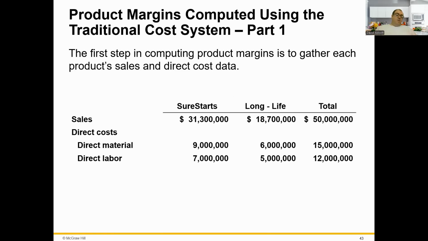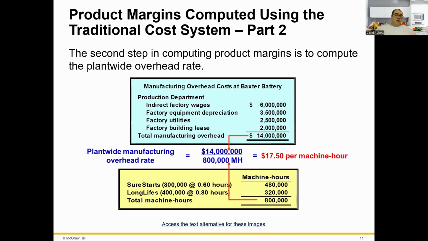So, comparison of traditional and ABC product costs. Product margins computed using the traditional cost system. The first step is to gather each product's sales and direct cost data as shown. The second step is to compute the plant-wide overhead rate.